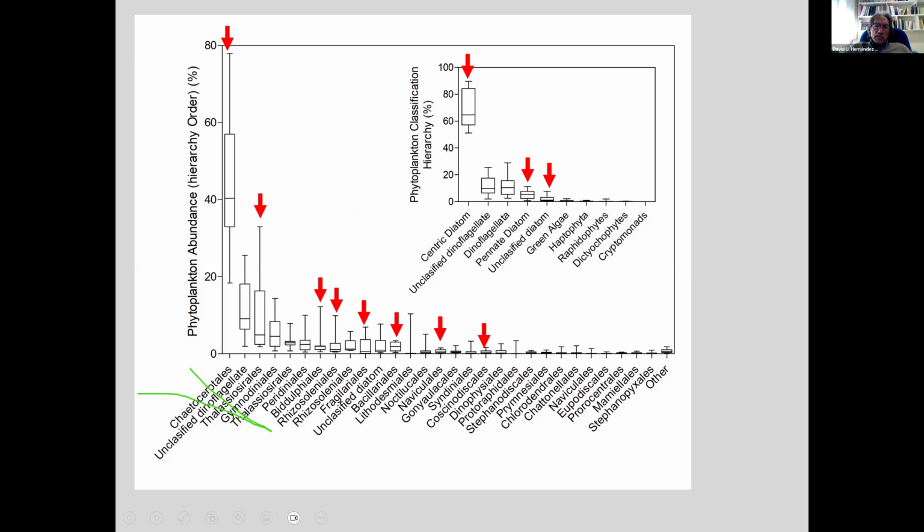Also, in this other slide, you can see that diatoms are important through this long list of different taxa orders here.